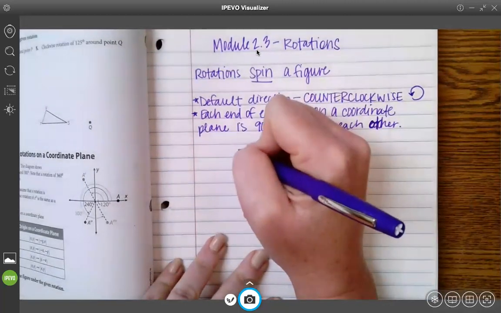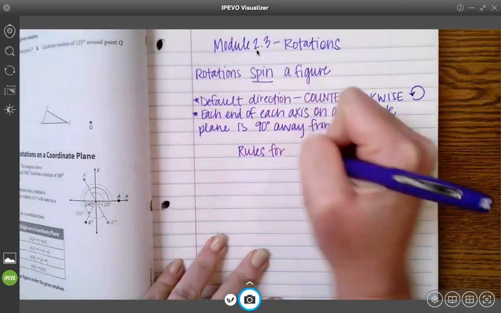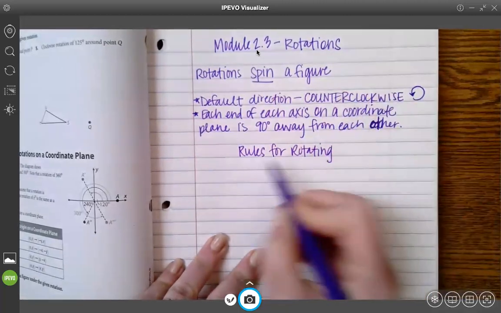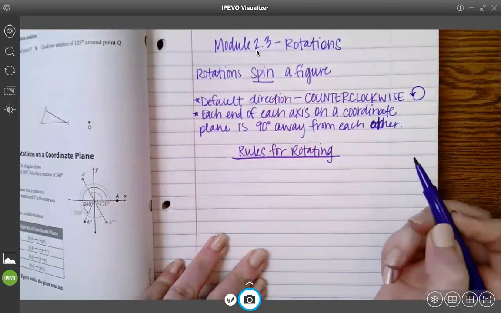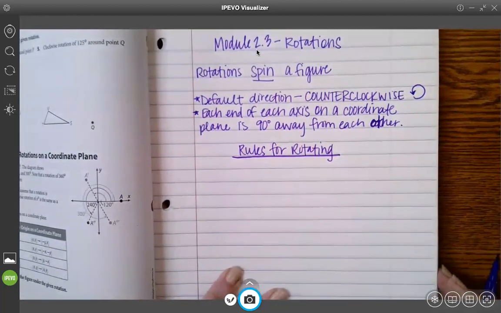So we're going to put a label up here, rules for rotating. And you might remember that rules look like X's and Y's. They look like ordered pairs. It's a rule that tells us how to manipulate the X and Y's of our original point so that we don't have to draw out or sketch out all of the steps.